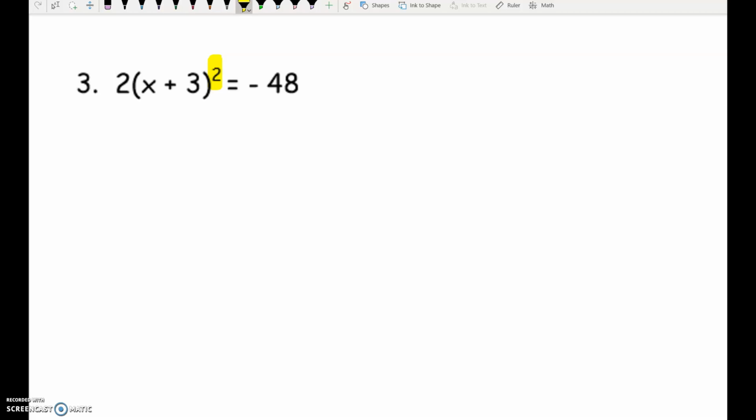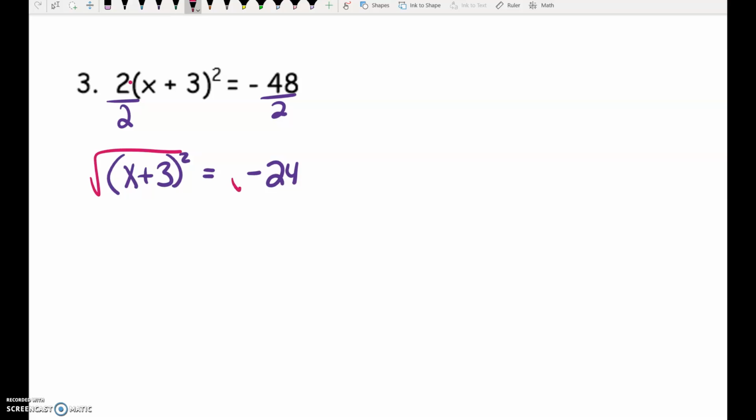So as long as that square is there, don't you dare try to put that 2 inside the parentheses because it's locked. You can't. But this is 2 times. How do you undo times? Divide. So x plus 3 squared equals -24.